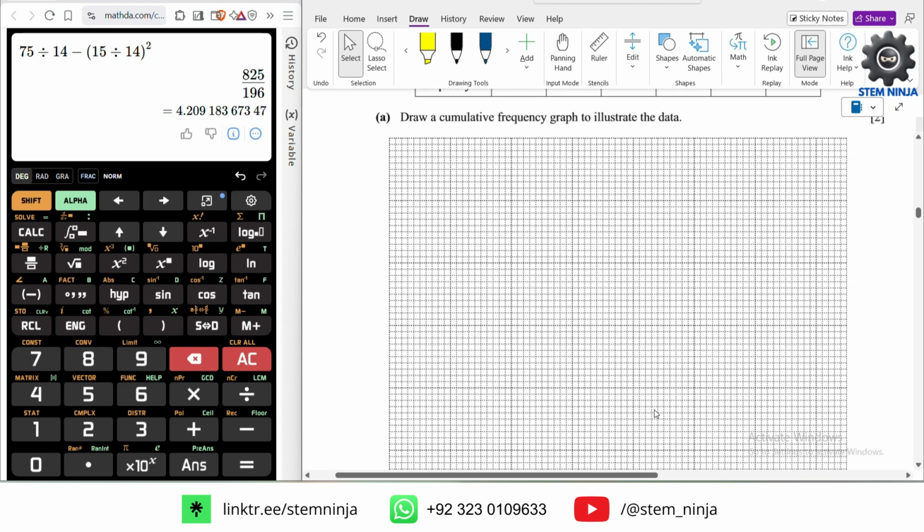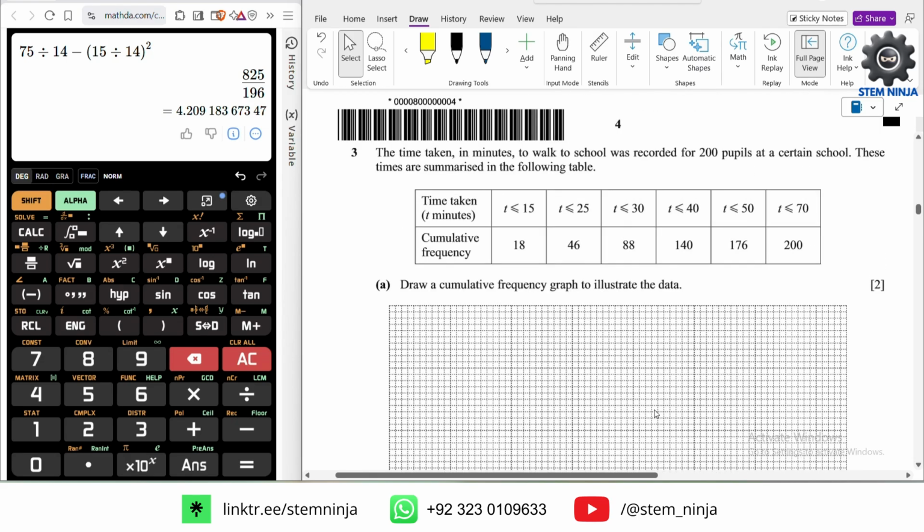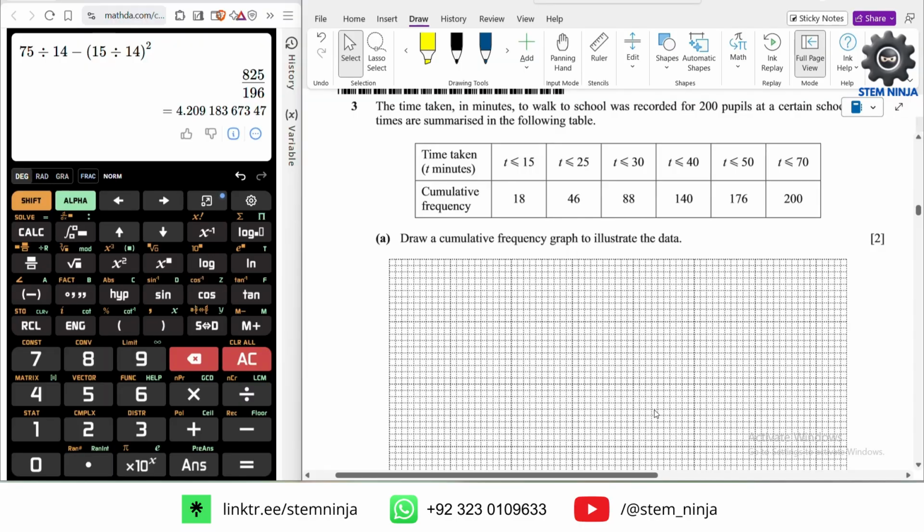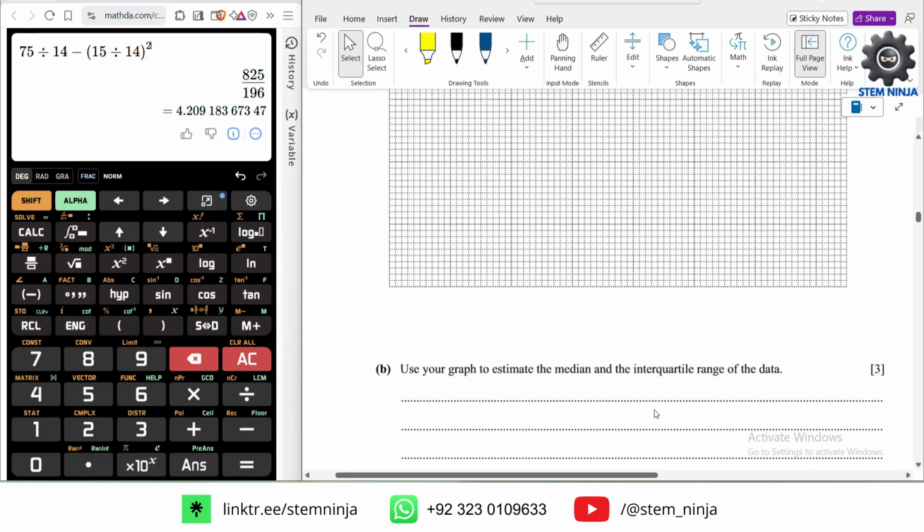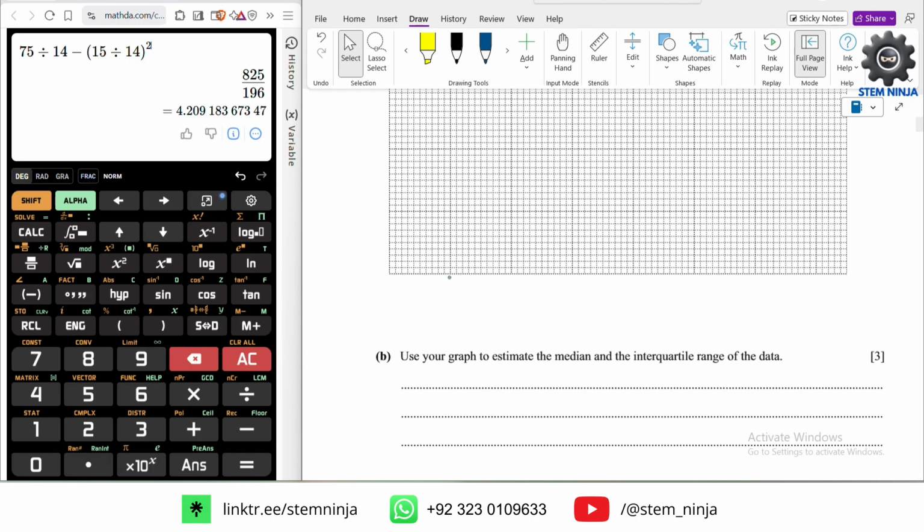Right, okay. That means we need to set an appropriate scaling also. So time taken is going from 0 to 70. So let's see, 1, 2, 3, 4, 5, 6, 7 actually.